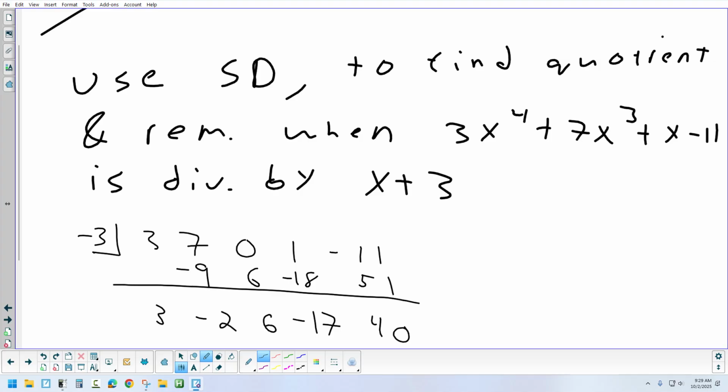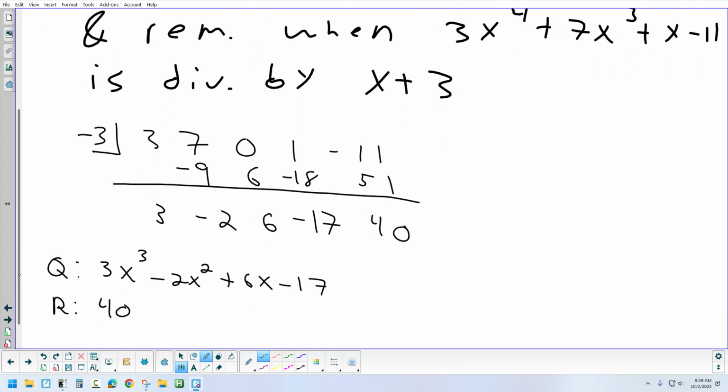What does that mean about negative 3? Yep, it's not a solution. Can you be more specific? It's not one of the zeros. It's not one of the roots. Yep, it's not one of the x-intercepts.